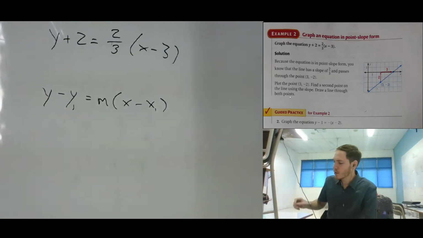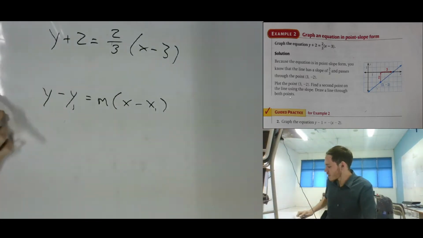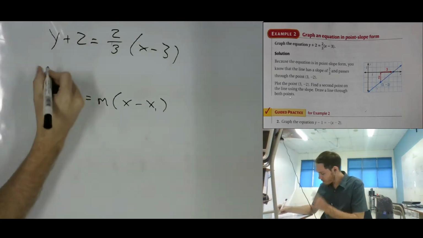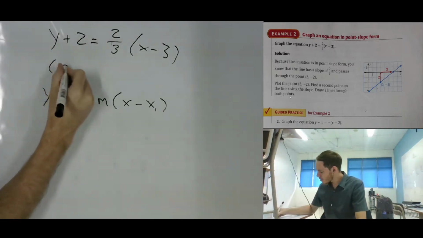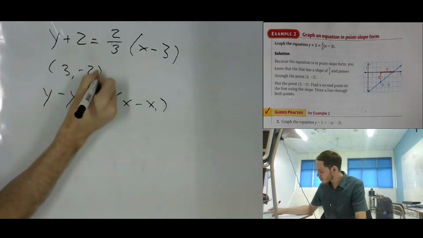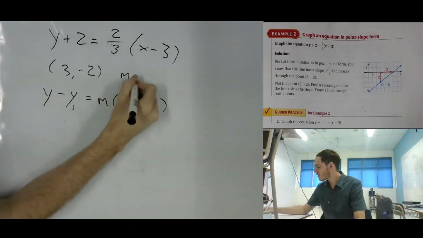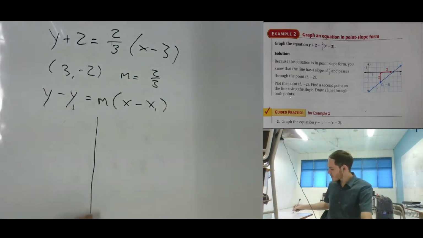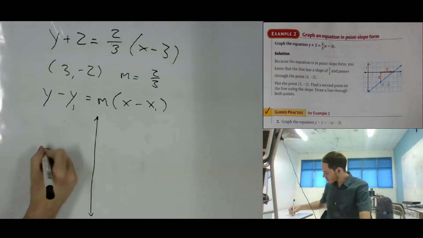Now, what point are we starting at? This is a good question. Well, we're actually starting at the point (3, -2), and a slope of 2/3. Now to graph this, what you need to do is start at the given starting point.